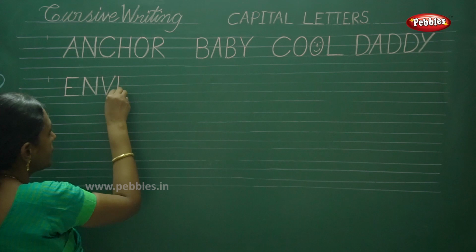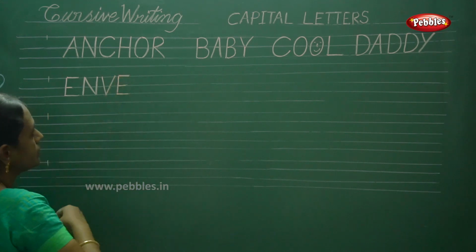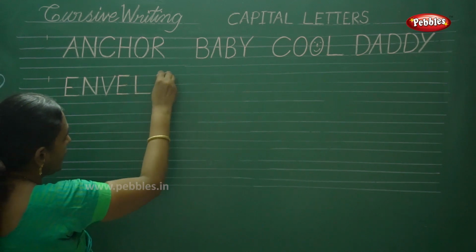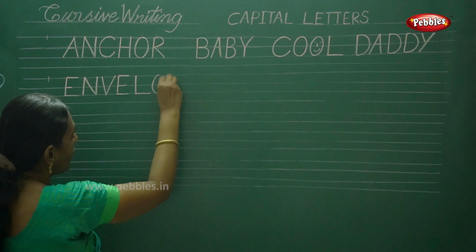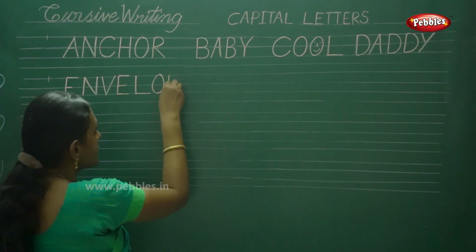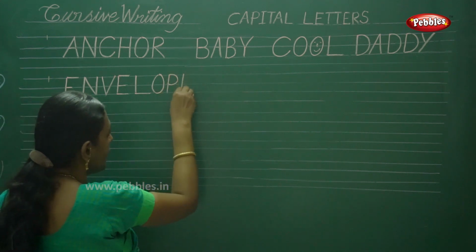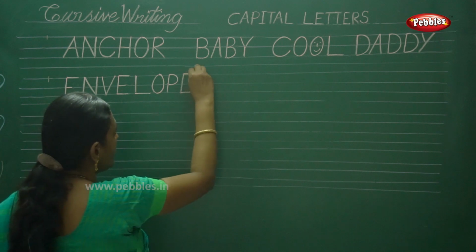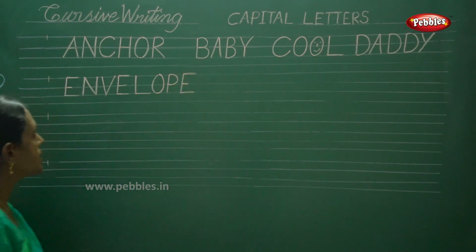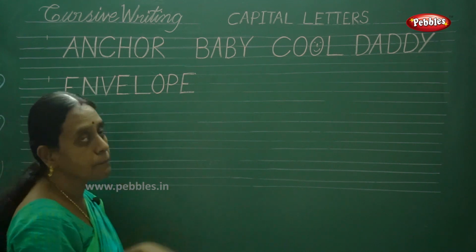E-N-V. Next one is E, and L and O, and P, a straight line and right curve, and E, two sleeping lines followed by a middle short sleeping line. So envelope is a seven or eight letter word.